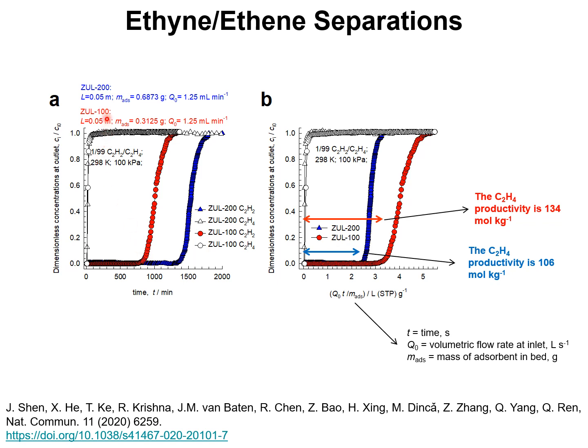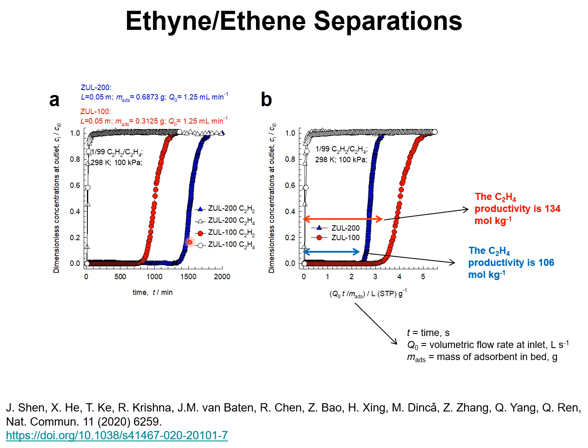For ZUL-100, the tubes were packed with 0.3125 grams of the metal organic framework. For ZUL-200, a larger mass of adsorbent, 0.6873 grams, was used in the breakthrough experiments.